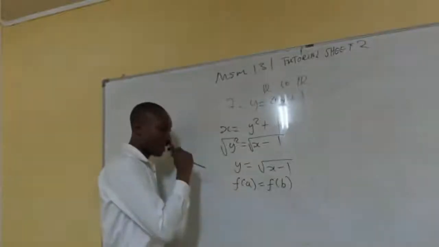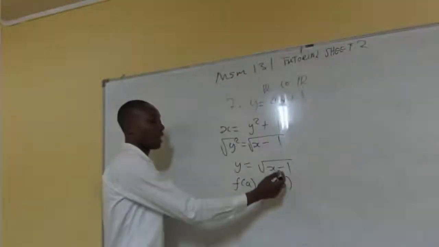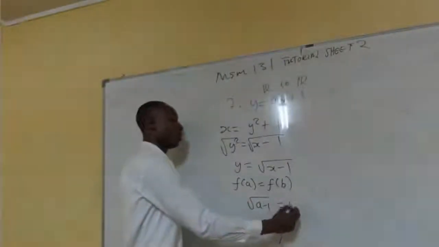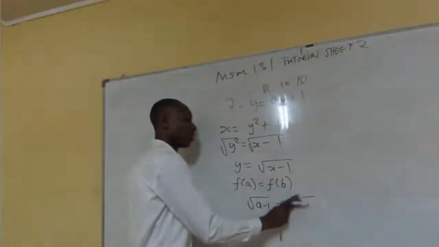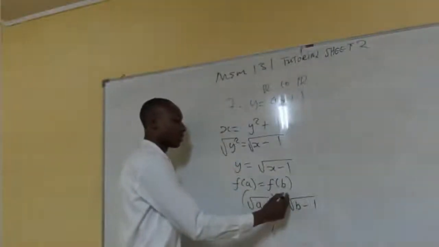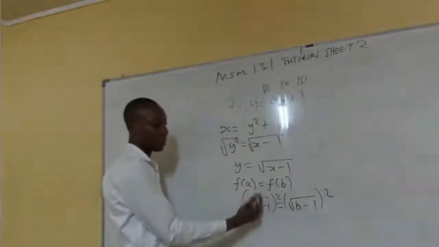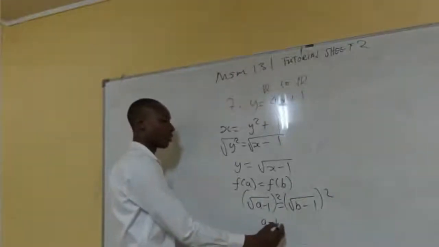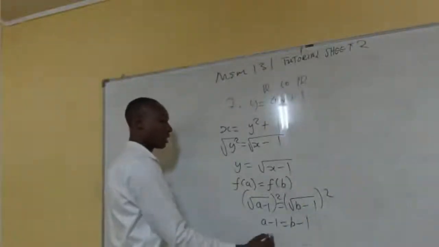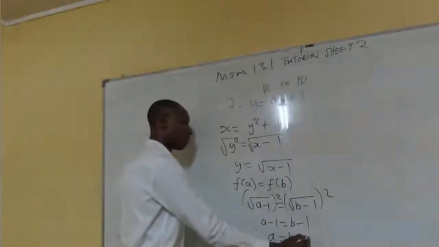So I'm going to replace x with a, so we have root of a minus 1 is equal to root of b minus 1. Then I'll square both sides, because I want to get rid of the root. Then I have a minus 1 is equal to b minus 1. Alright, the 1 will go the other side, so I have a is equal to b minus 1 plus 1.